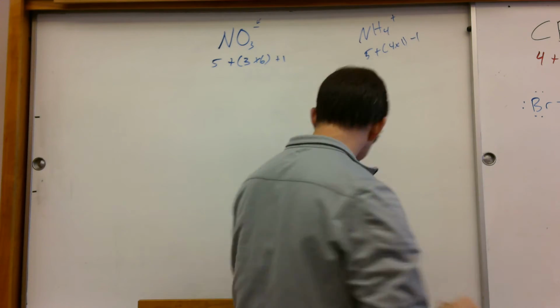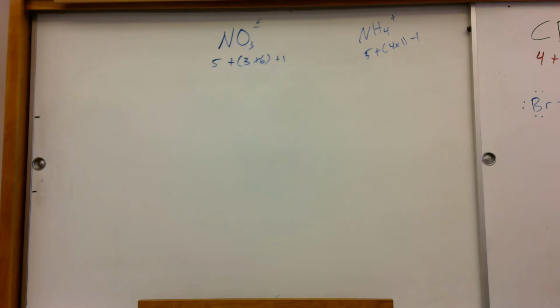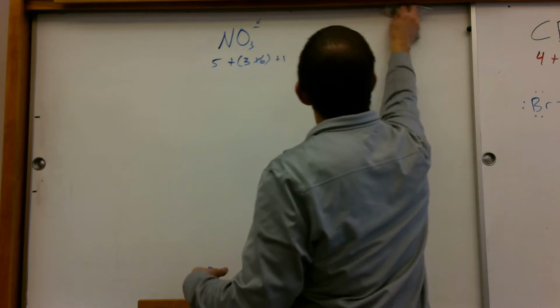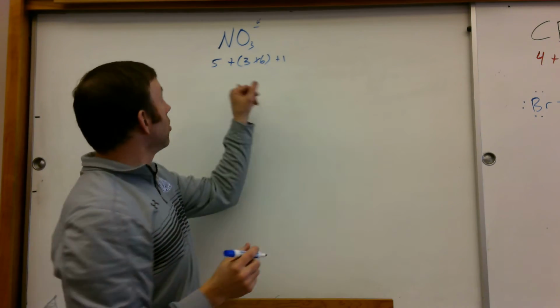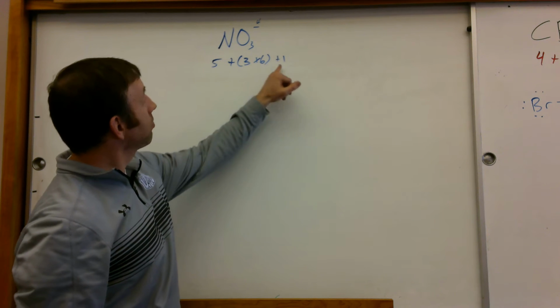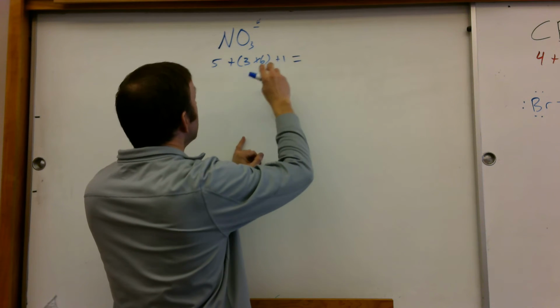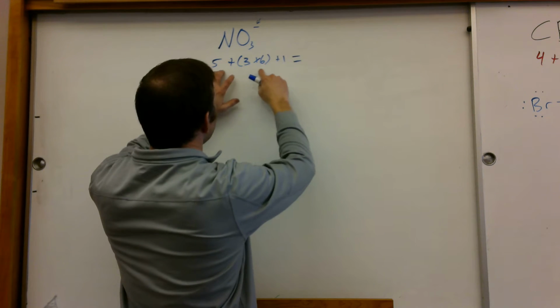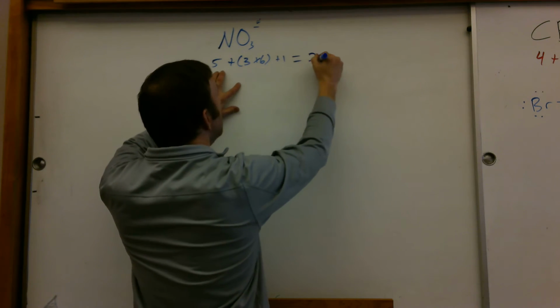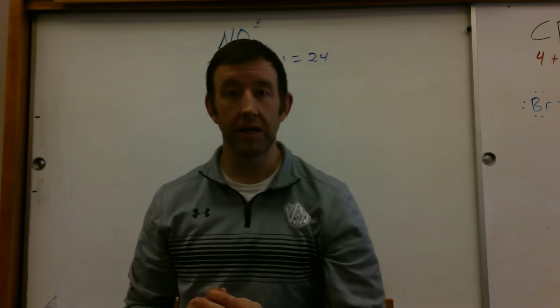All right? That being said, let's go back to our nitrate here. So 5 plus 18 plus 1 gives me, so this 18 plus 5 is 23 plus 1, 24 valence electrons.